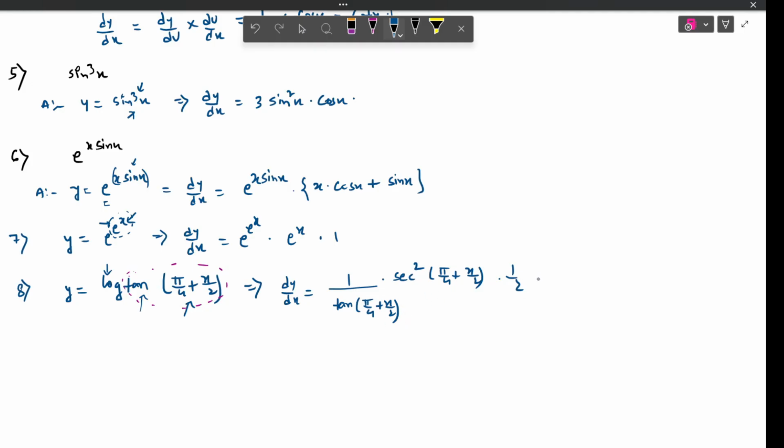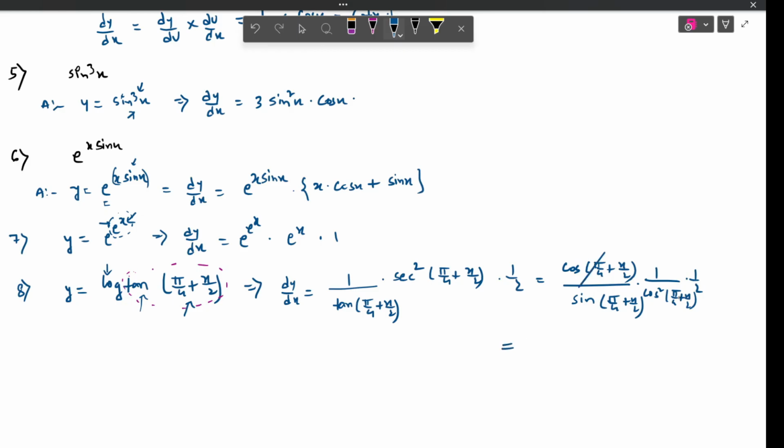Now, what will be the differentiation? Let's see. Tan of x is sin x by cos x. So it would be cos of pi by 4 plus x by 2 divided by sin of pi by 4 plus x by 2, and sec square of pi by 4 plus x by 2 means 1 by cos square of pi by 4 plus x by 2, multiplied by half.